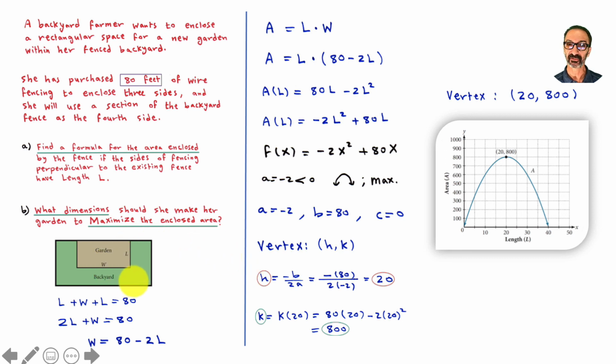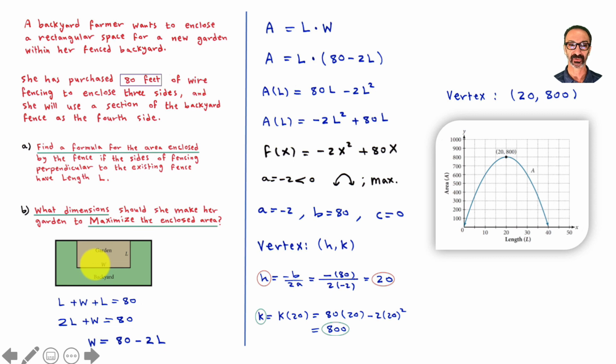On the other hand, if you go extreme and you give L 40, if this is 40 and this is 40, that's 80 already taken away. You have nothing left from the fence to give W. So imagine a garden that has 40 here and 40 here, but no width.